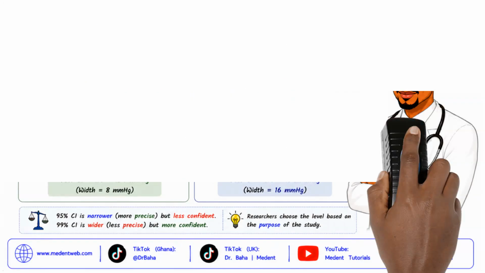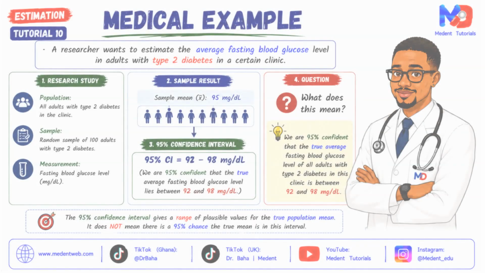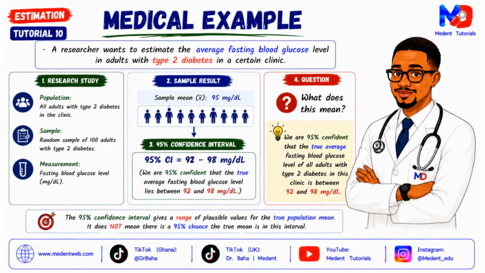Now let's understand it with examples. Suppose researchers report that the average blood glucose is 95 milligrams per deciliter with a 95% confidence interval from 92 to 98. This means the interval from 92 to 98 is a plausible range for the true population mean.